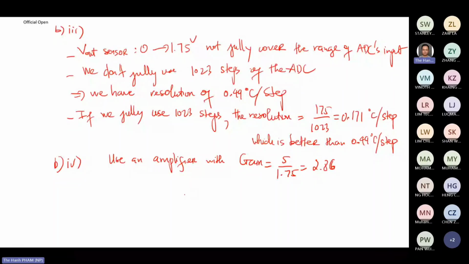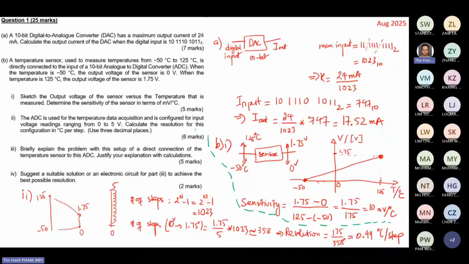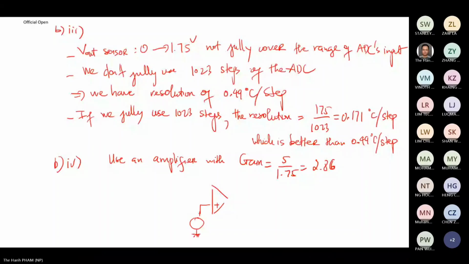And what you can do is, so this one is your V out from the sensor. And here you have the ground, the feedback.